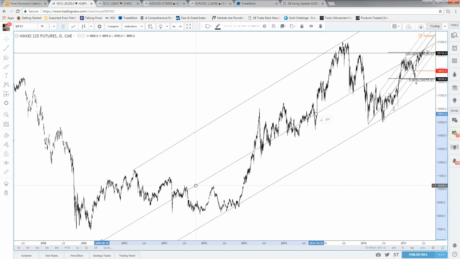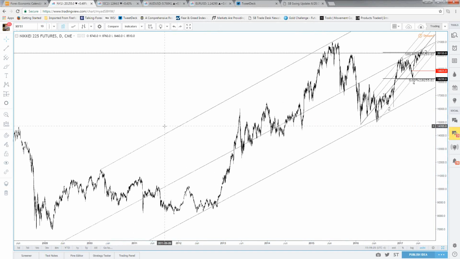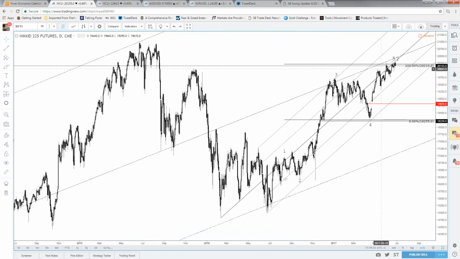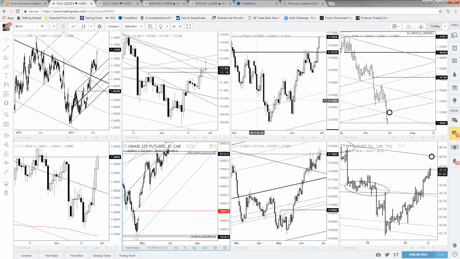Is that about the center of that channel? Probably something like this. So it would make sense if you turn down here in the Nikkei.